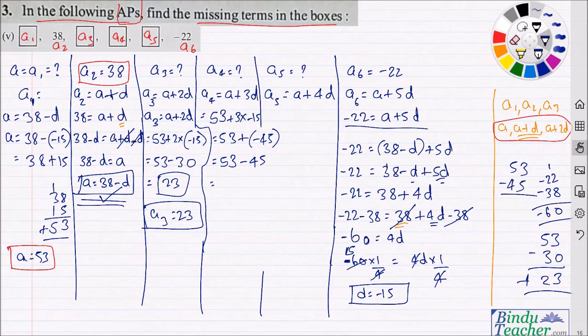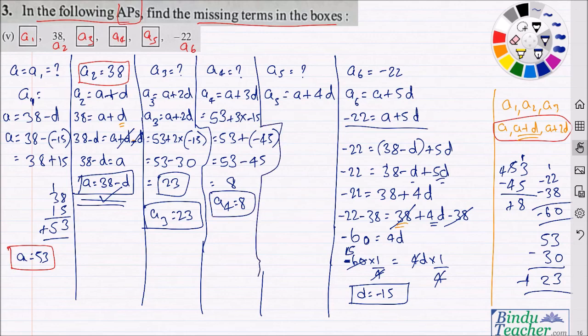We have 13 minus 5, which is 8, and then the 4 and 4 cancel out, so we have plus 8. So the value of a4 is 8.